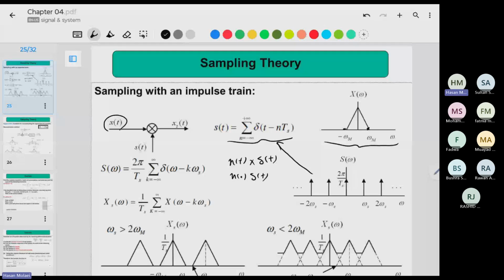Do you remember what will happen in the frequency domain if we do multiplication in the time domain? Convolution in time domain is equal to multiplication in frequency domain, and vice versa.